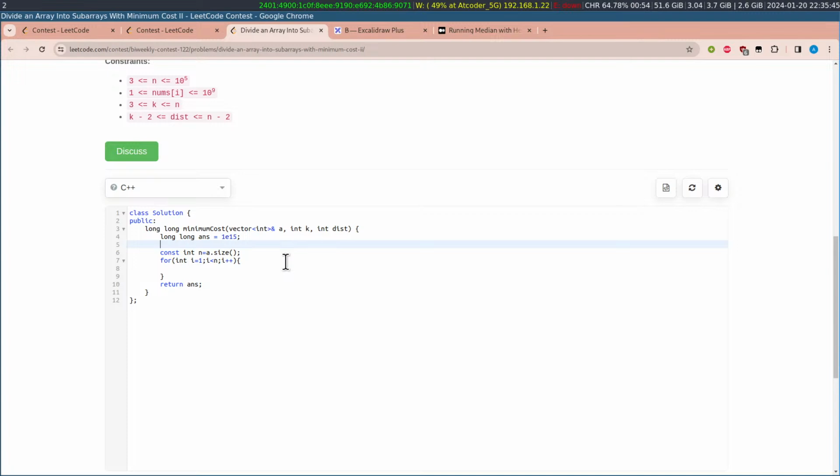I am maintaining two heaps using a multi-set.